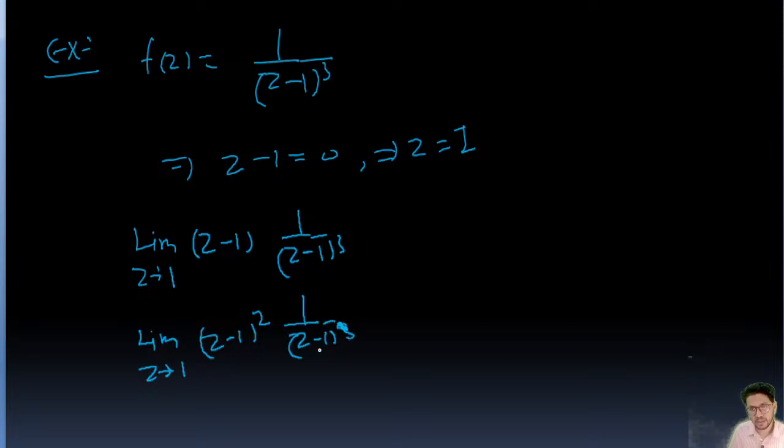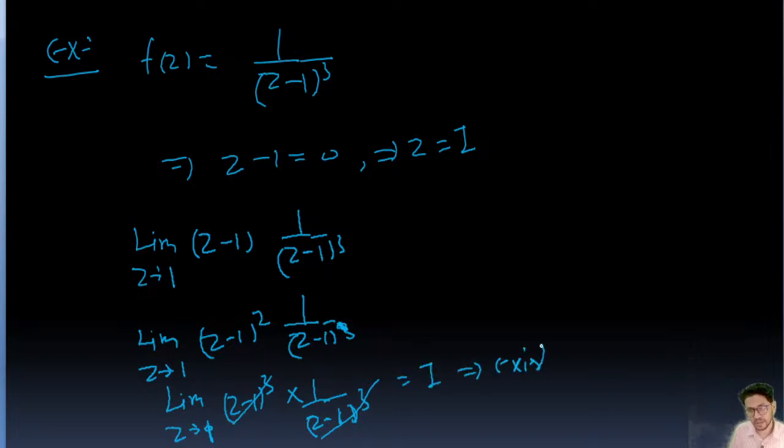Again (z minus 1) will remain, so it gives an infinite value, so the limit does not exist. Then limit z tends to 1 of (z minus 1) to the power 3 times 1 upon (z minus 1) to the power 3: this gets cancelled and the value is 1. So for n equal to 3 the limit exists, which implies the order of the pole is n equal to 3.